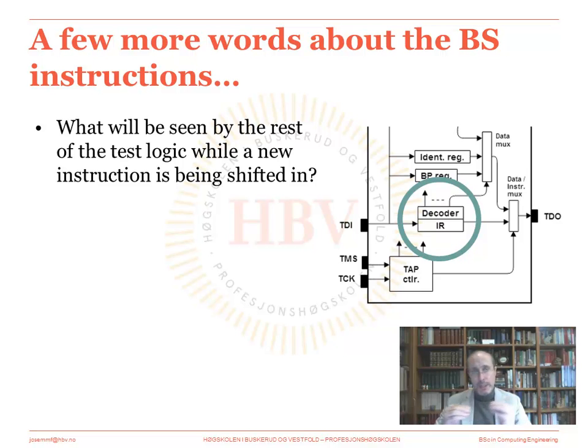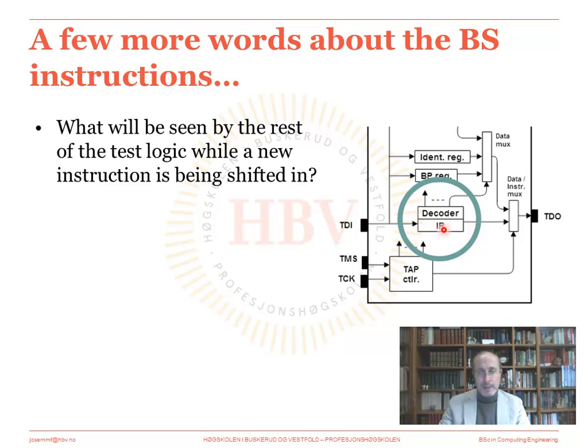So while we shift in a new instruction, the decoder will still see the previous instruction, and it will only be when we update the outputs of the instruction register after having completed shifting in the new instruction. Only after that moment will the decoder see the new instruction.